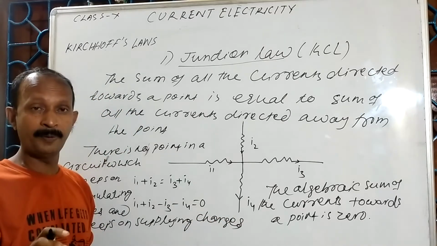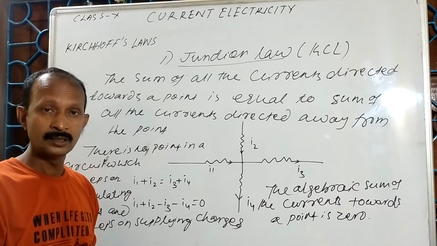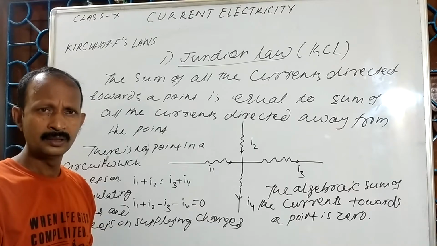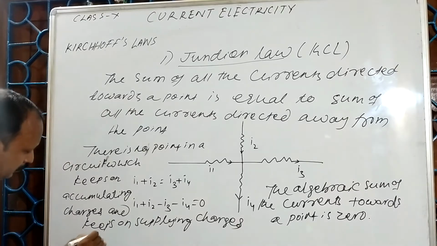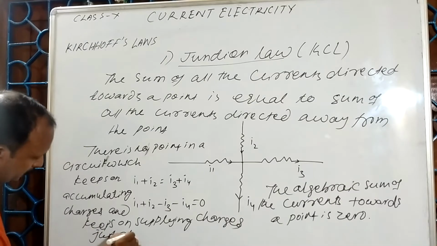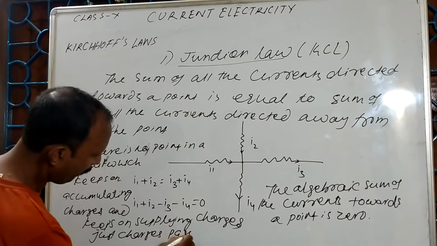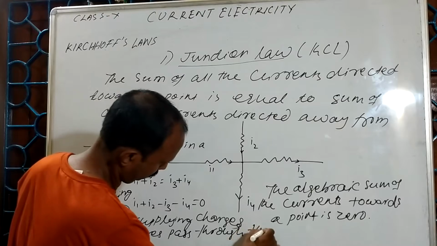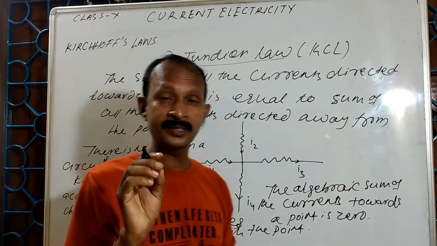That means at any particular point, it can't continuously gather the charges and it can't supply the charges. Charges just pass through the point.